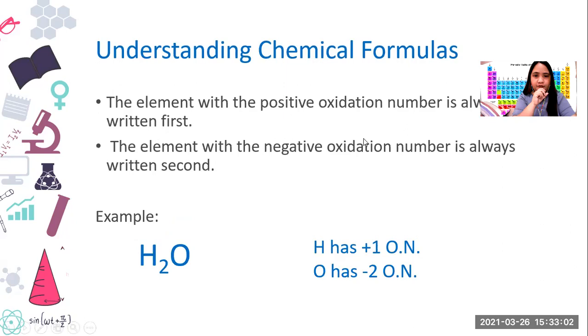The element with the positive oxidation number is always written first, and the negative second. So in H2O, hydrogen has a positive 1 oxidation number, and oxygen has a negative 2 oxidation number.